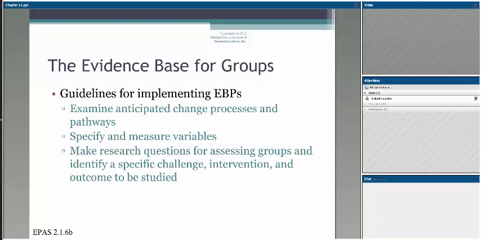It requires critical thinking and looking at specific variable measures. It also requires you to think broadly about what research questions you need to ask in assessing the group, and how you challenge that. This is work that needs to continue to be done in that field, but it's important for you to know about.